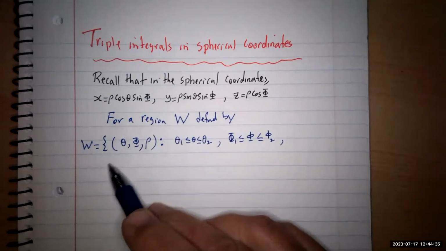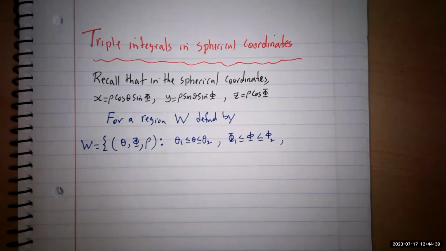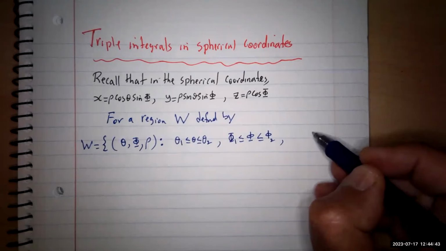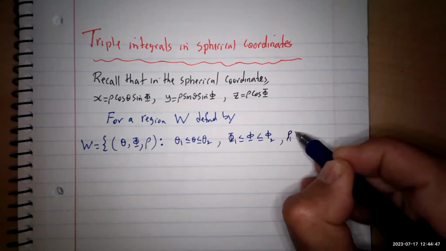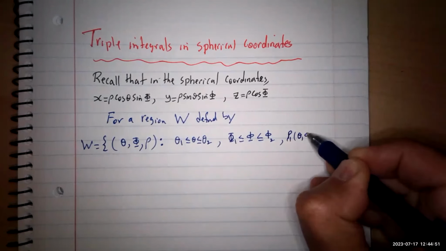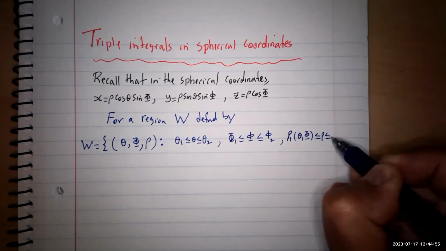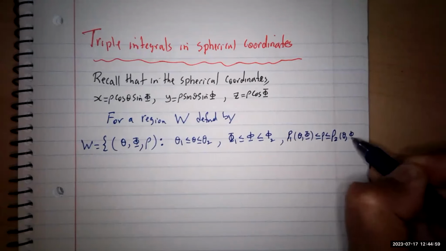Rho can be a function of these two. That's why we write it down first here. Most of the time it's going to be a number, but in general rho 1 can be a function of theta and phi. So rho 1 is less than or equal to rho, and rho is less than or equal to another number, rho 2, function of theta and phi.